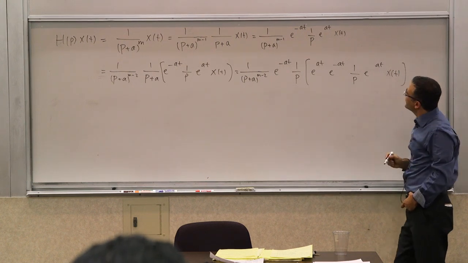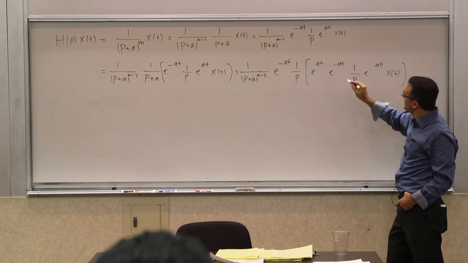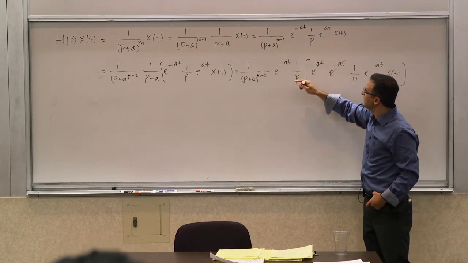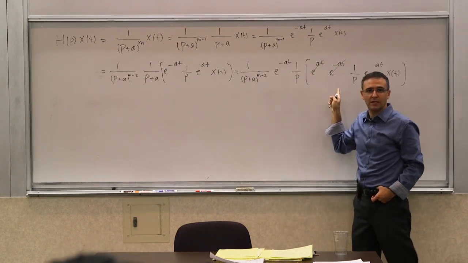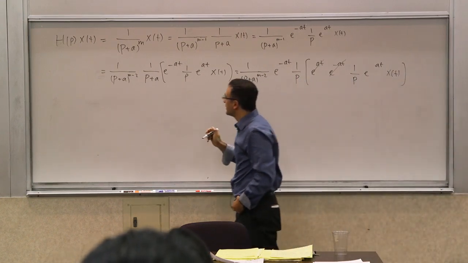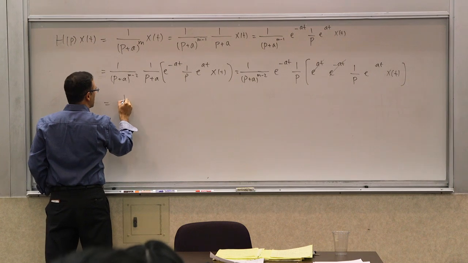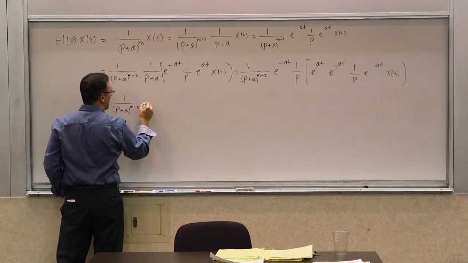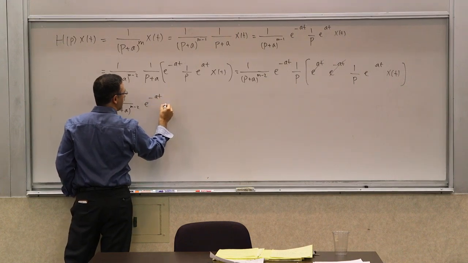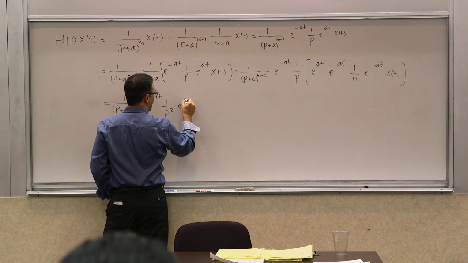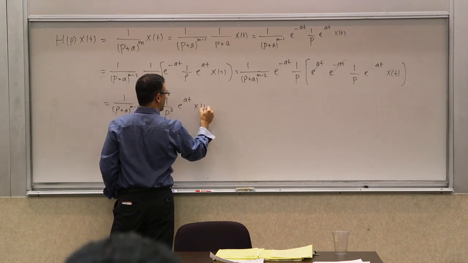But now this is where some simplification happens, because these two cancel each other. Every time you take one more of these and apply it, this cancellation happens inside. So at this stage you have 1 over p plus a to the m minus 2, e to the negative at, 1 over p squared, e to the at x of t.